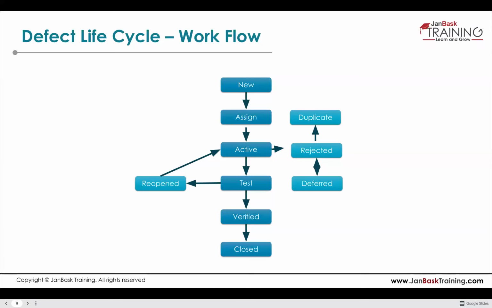Okay, so maybe the developer has some other understanding and that's why he has rejected the defect. So you need to talk with other members as well, and then you need to confirm whether it's actually an invalid defect or not.